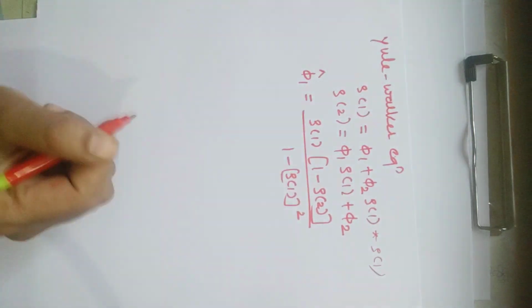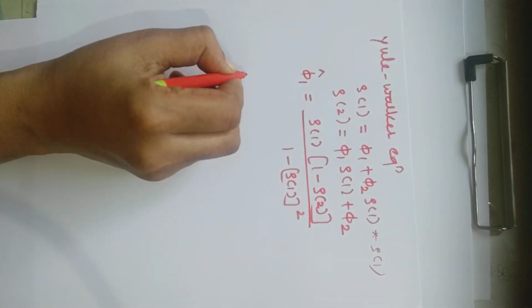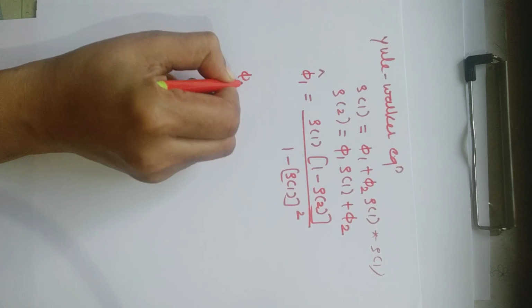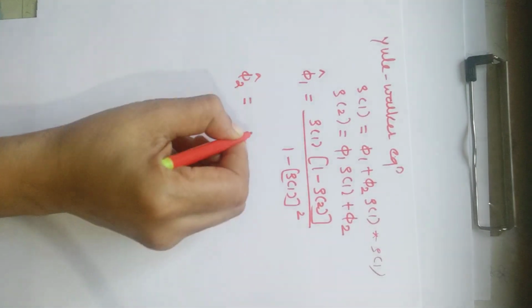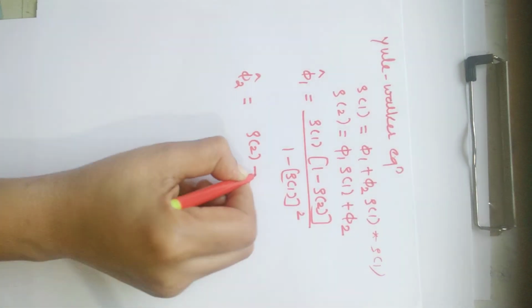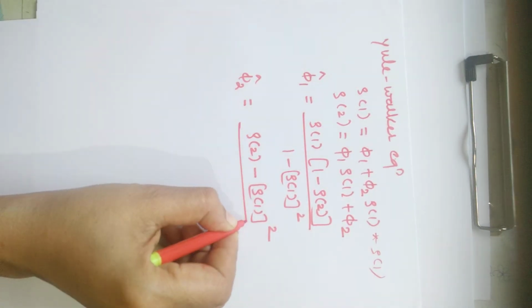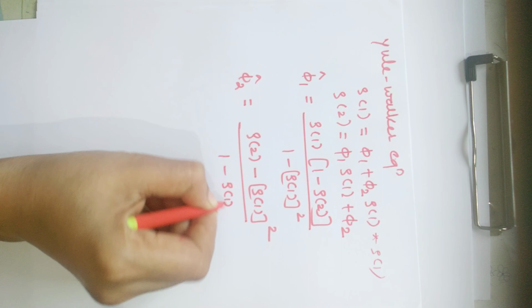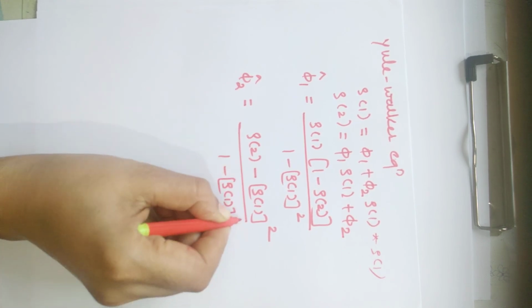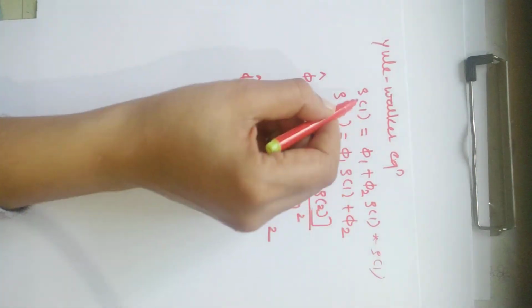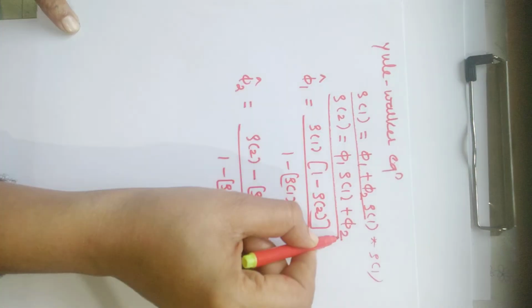This I will denote as phi 1 cap, as a parameter estimation. Then similarly phi 2 cap is rho of 2 minus rho of 1 square upon 1 minus rho of 1 square. So we solve these two simultaneous equations, the Yule-Walker equations.